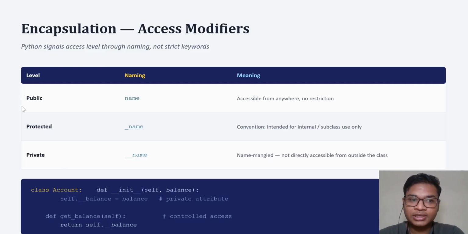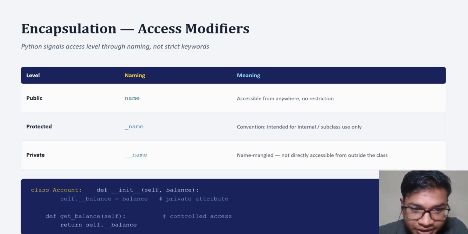So these are the examples: we have a public, a protected, and a private. How does this work? When we create a class Account with def __init__(self, balance): self.__balance = balance, that creates a private attribute.